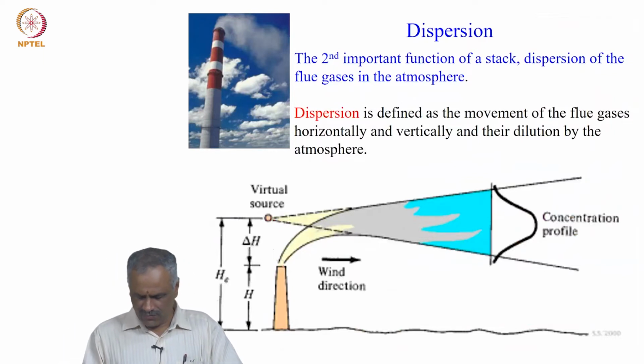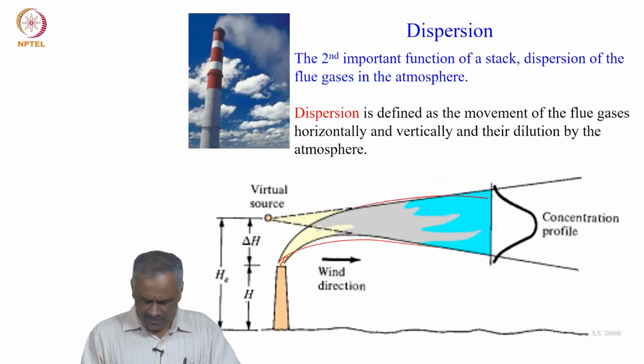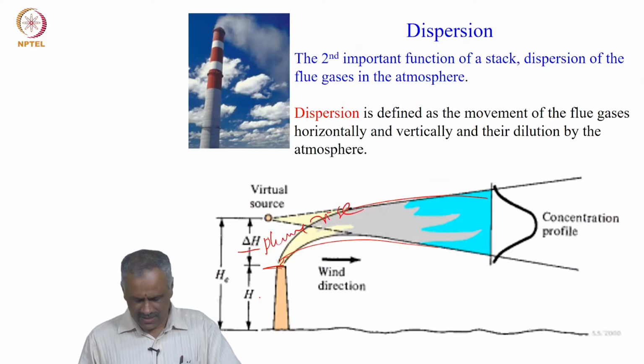The flue gases go into the atmosphere and are lifted up. The physical stack height is h, and the plume rise height is delta H, because the physical height is always fixed.